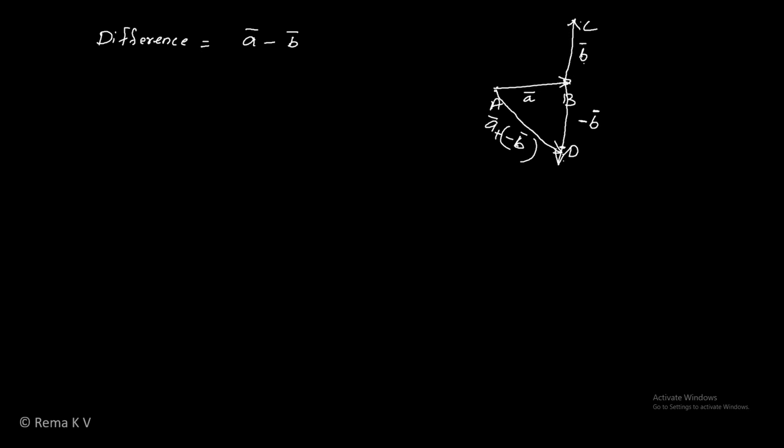BC is the vector B. So in opposite direction, it will be equal to minus B. Then by applying triangle law here, AB plus BD is equal to AD. AB is vector A and BD is minus vector B. So A plus minus vector B equals A minus B. So the difference can also be defined using triangle law of vector addition.